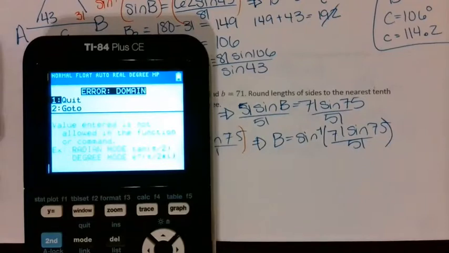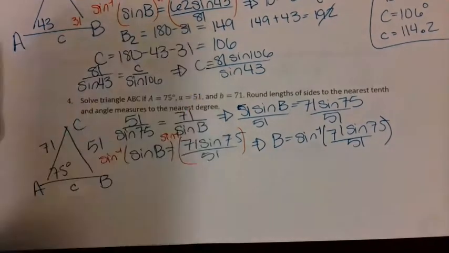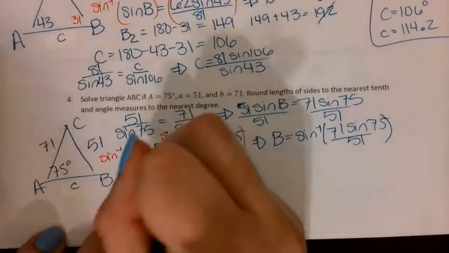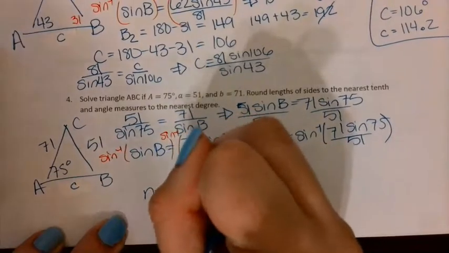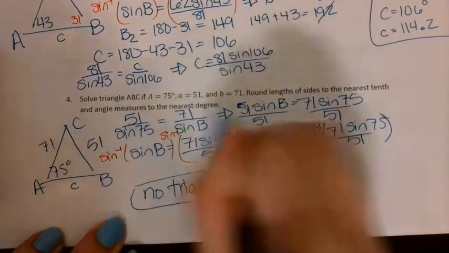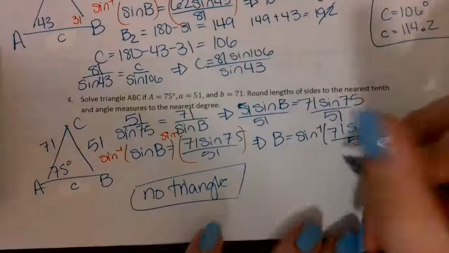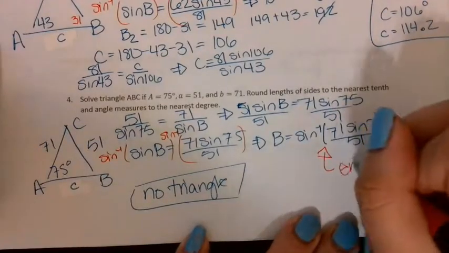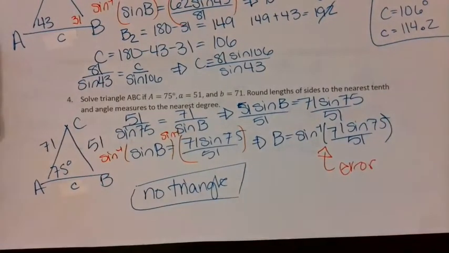Okay, so my calculator gives me an error. When I try to find the sine inverse of a value and it gives me an error, that means there is no triangle. Okay, so we found out the case where it gives us no triangle.